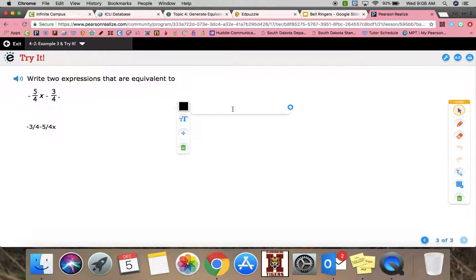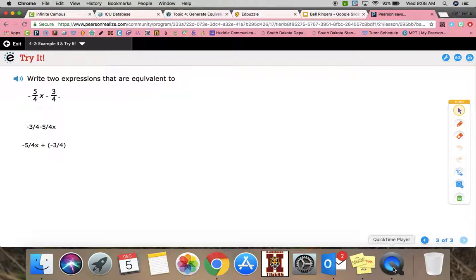Subtracting is the same as adding the opposite. So I'm going to put negative 5/4 x, and instead of subtracting, I'm going to add the opposite, negative 3/4. Okay, so those are 2 expressions that are the same. It was subtracting a positive, now we're adding a negative. So those are 2 equivalent expressions.